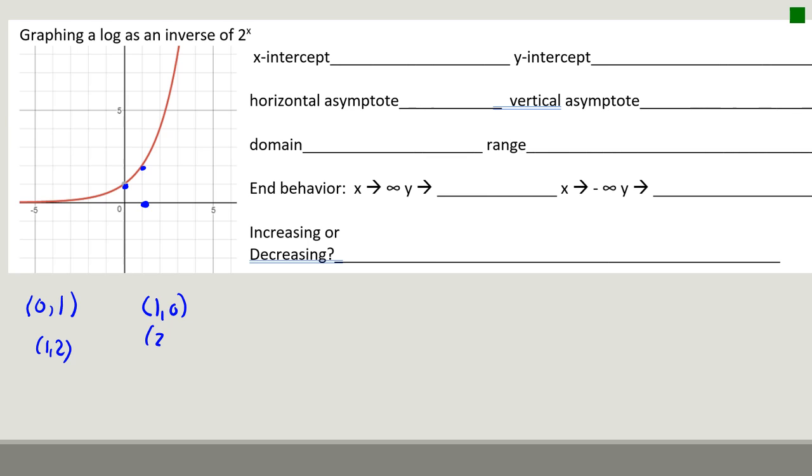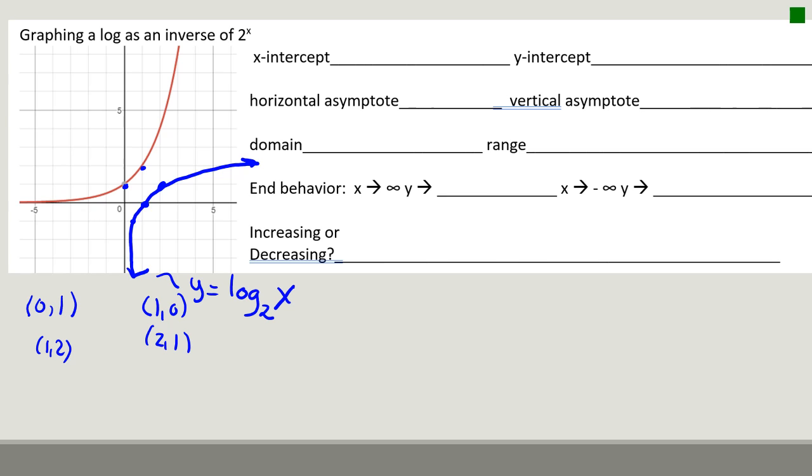That means I have the point 2, 1. And then I'm going to have a half and -1. So my log is going to look like this. There's my inverse. So that's my log, y equals log base 2 of x.